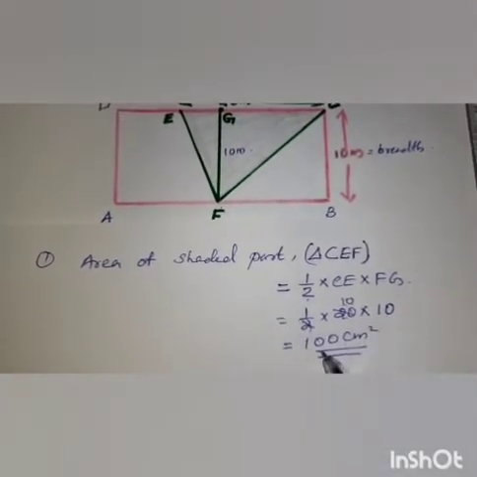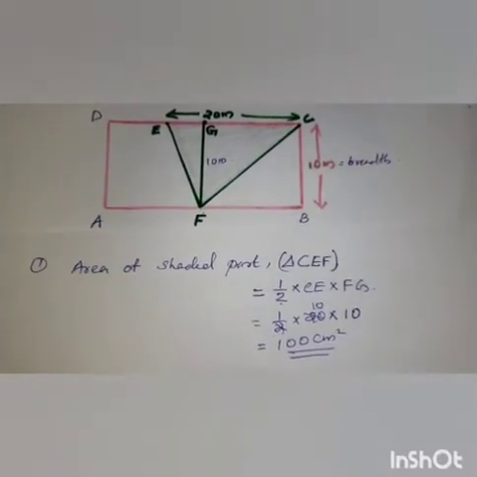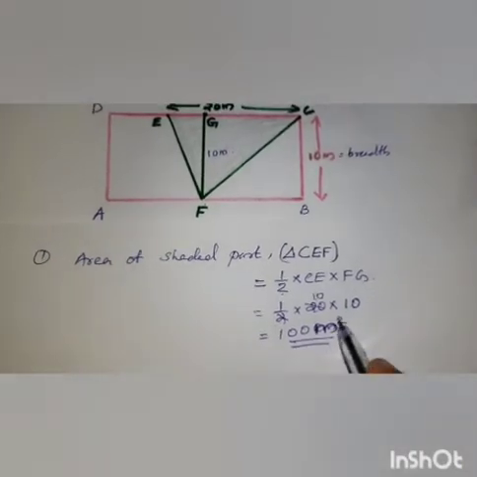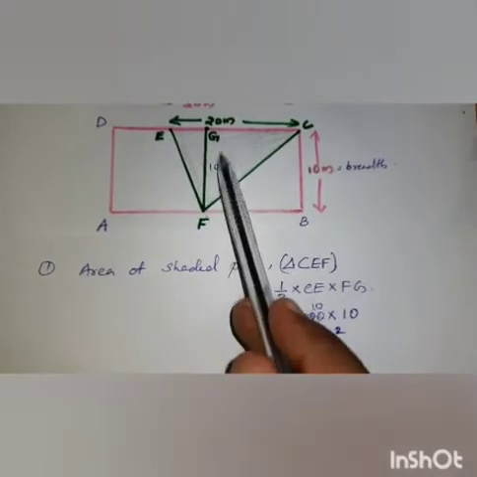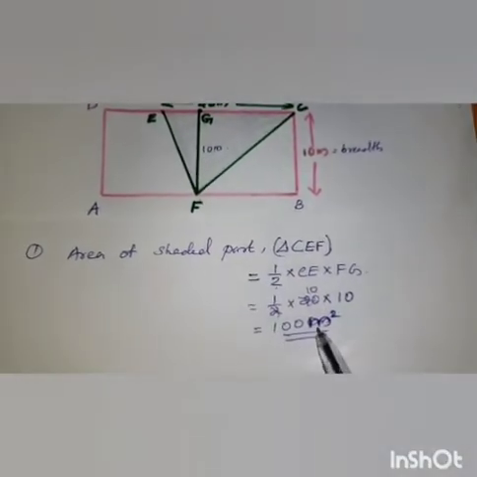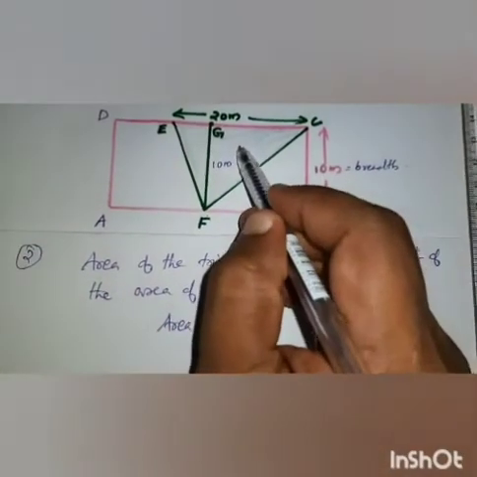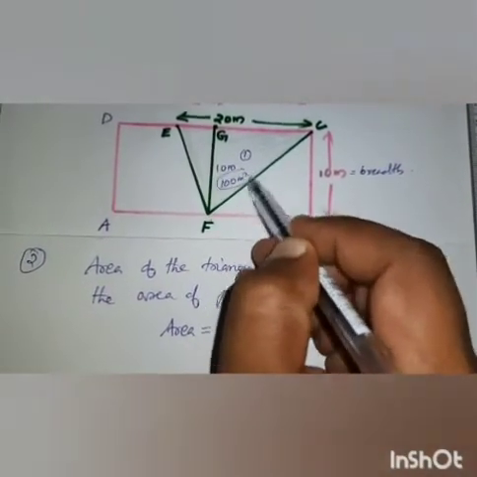So 10 into 10 is 100. Sorry, not centimeter square, because the dimension is given in meters. So 10 meter and 20 meter. So it is 100 meter square. So the first question, the area of the shaded portion is 100 meter square.